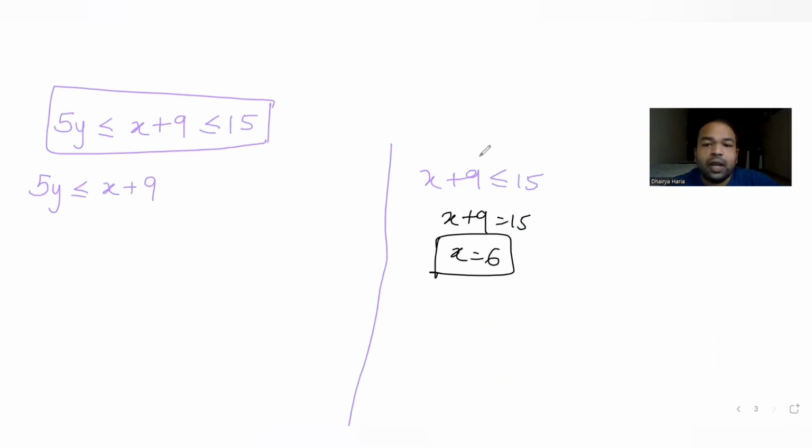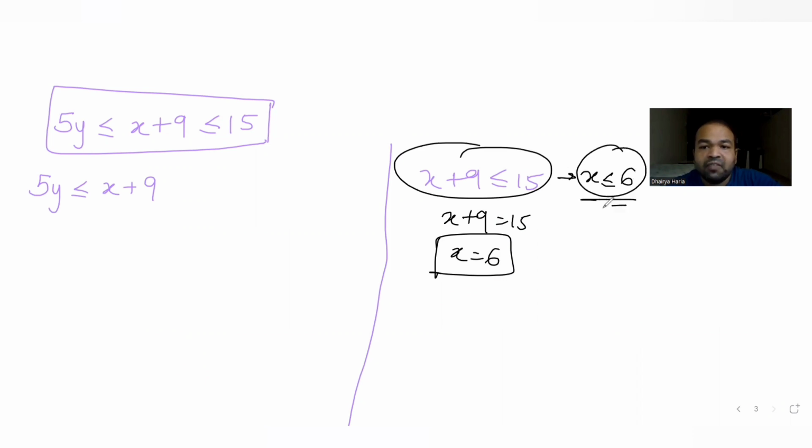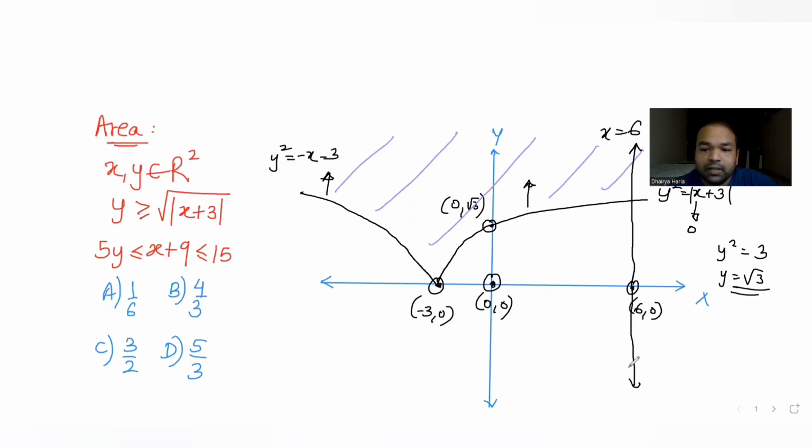Now the condition says x is less than or equal to 6. Right? So if it is less than or equal to 6, I understand the common region will be anywhere to the left of 6. So after plotting the two curves, I got the common region all above the parabola, but now I have x less than 6. Oh, sorry, left of, not right.